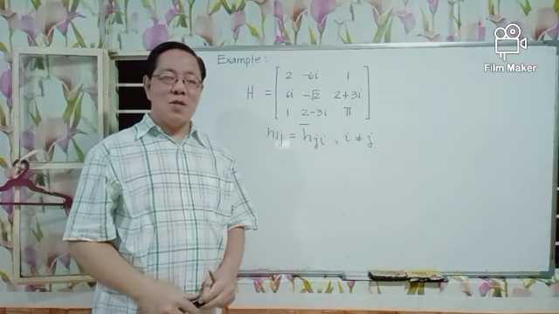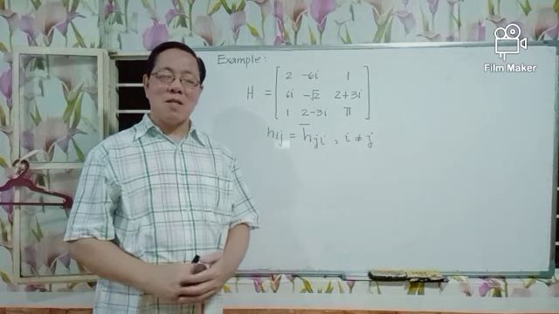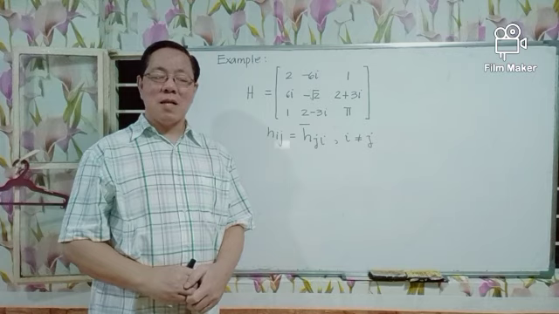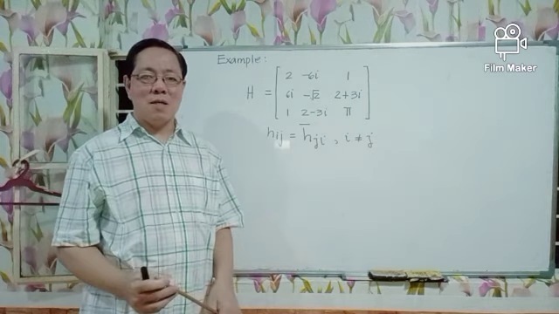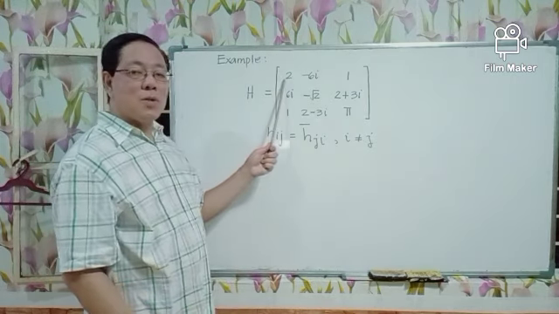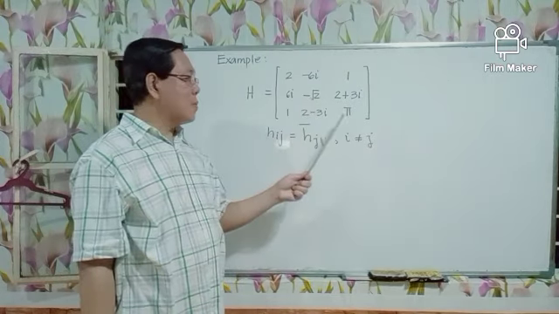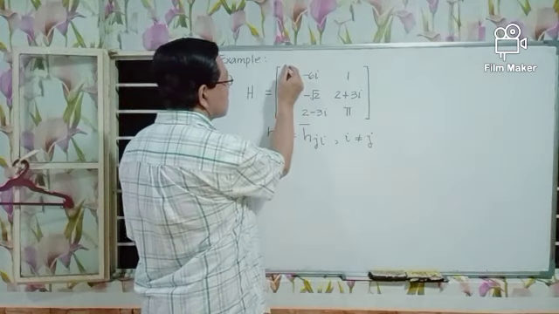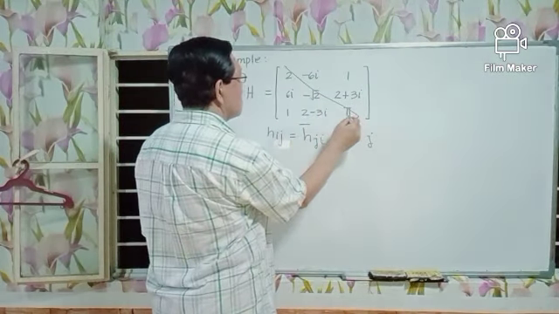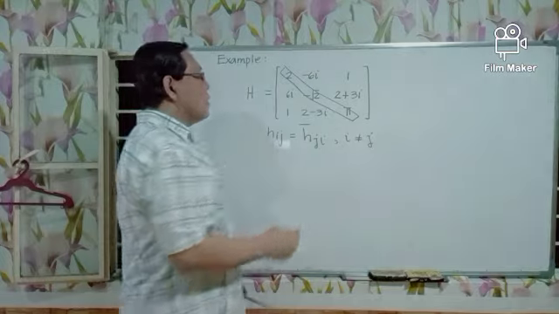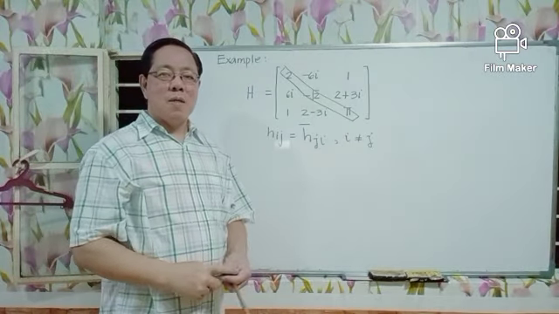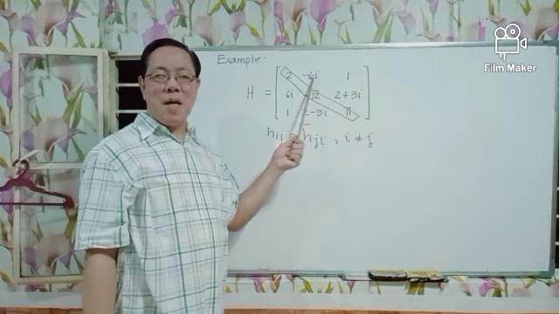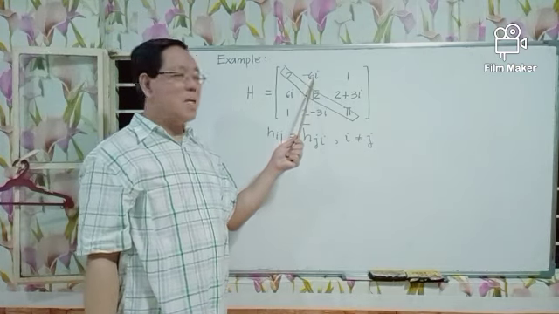This means that in checking whether a given square matrix is a Hermitian matrix, we are not interested in the diagonal entries. The diagonal entries are 2, negative square root of 2, and the irrational number pi. What we need to check are the non-diagonal entries of the given square matrix.